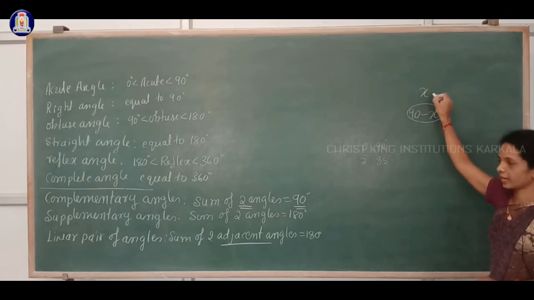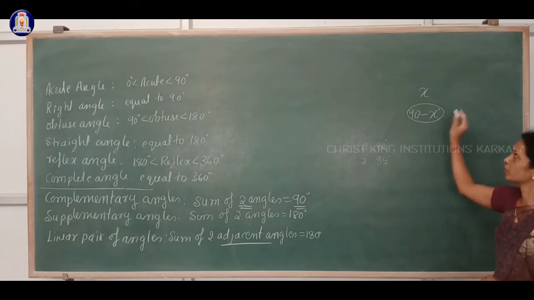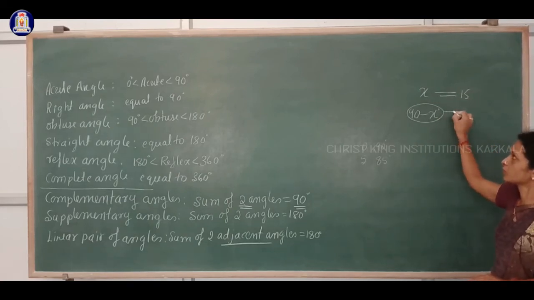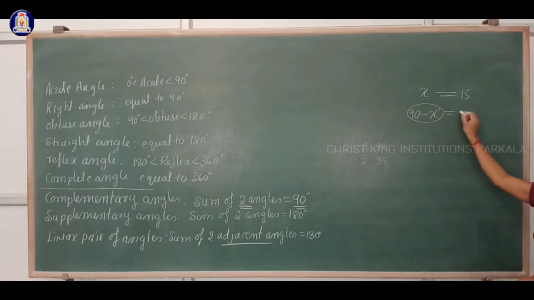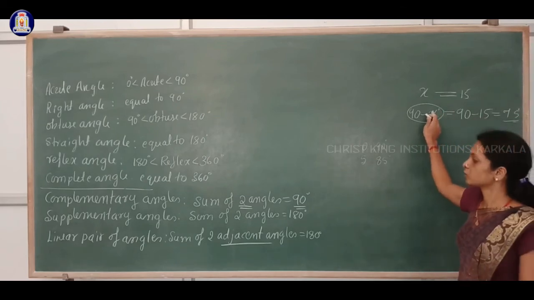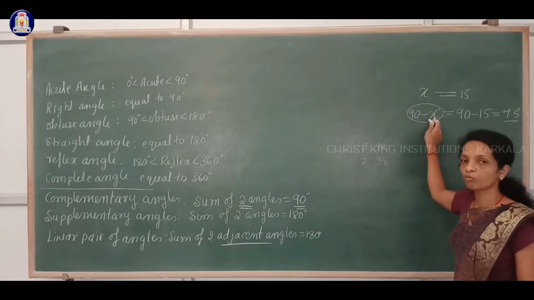For example, if you take 15 degrees as x, then what is its complementary pair? That is 90 minus 15. How much is that? That is 75. So 90 minus x gives you the complementary pair of angle x.